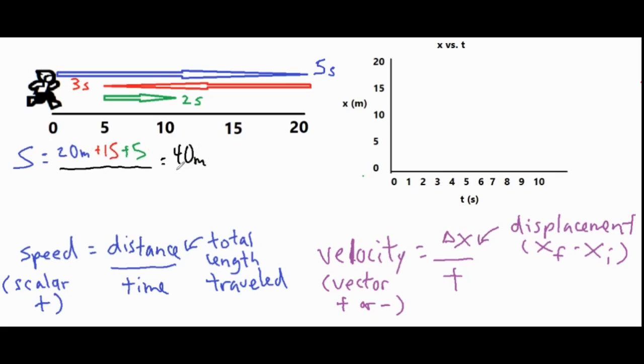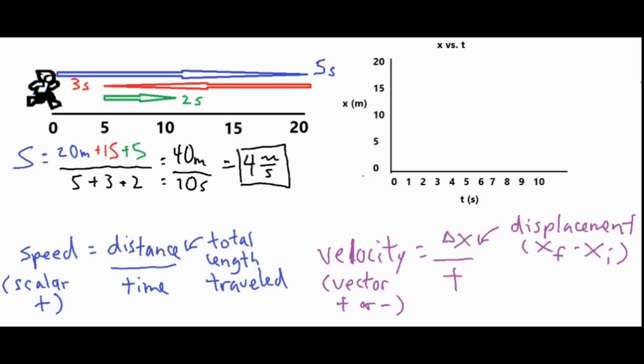That's the total distance. So that's just the magnitude of how much the person has moved, or the total length traveled. And then we have 5 seconds plus 3 seconds plus 2 seconds, and that gives us 10 seconds. Okay, so our average speed for the entire trip would be 4 meters per second.